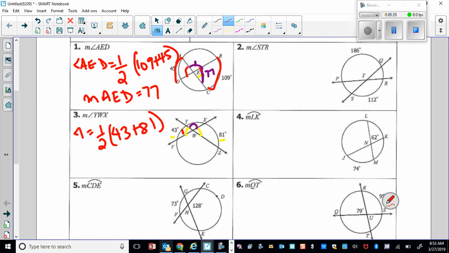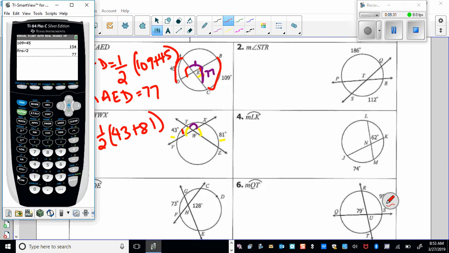So that would give me that measure, and then of course I have to subtract it from 180. 43 plus 81 gives you 124, and then you divide it by 2. It gives you 62.